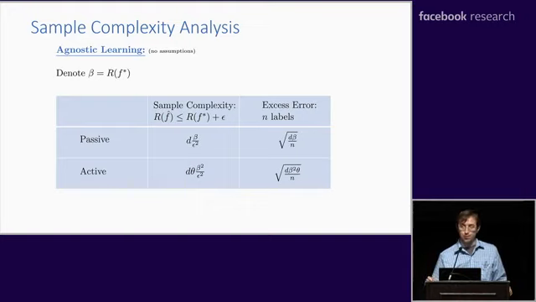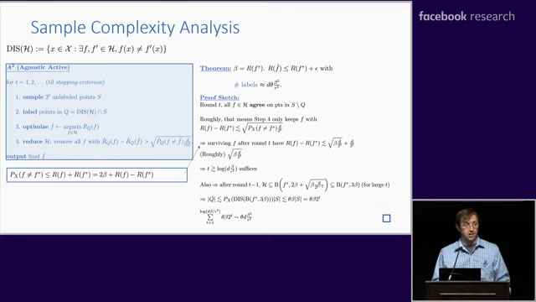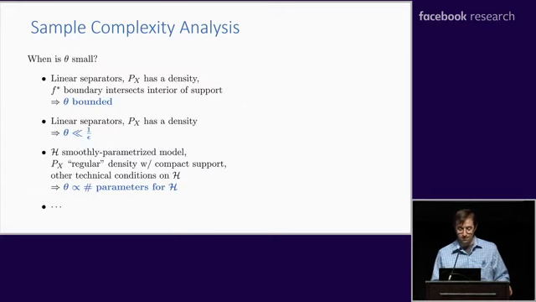So we got an improvement proportional to the error rate of the best classifier in the class, but we also multiplied by theta. Okay, so this is an improvement if theta is small and if the error rate of the best classifier is small. The proof runs essentially similarly, so I'm just going to skip this for the sake of time.